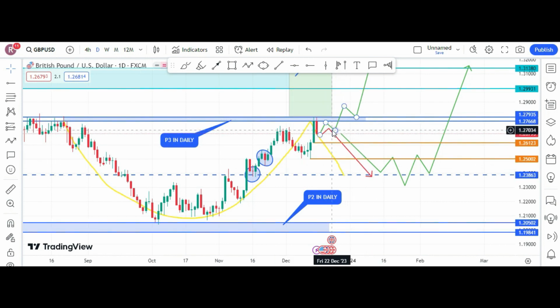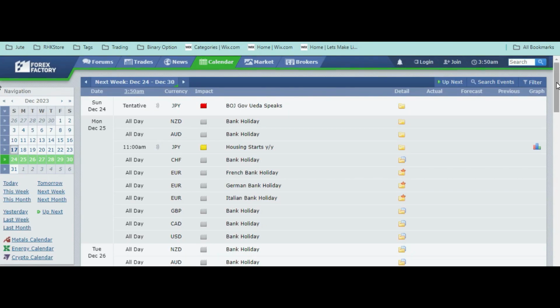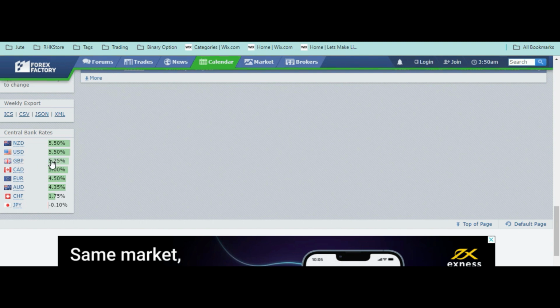Otherwise I will not agree very much with the bearish part of GBP USD, because the Bank of England has declared that it is going to maintain its current interest rate, which, if I'm not wrong, let me check it so we don't make any mistake, the current interest rate is 5.25 up to the third quarter of next year, which means up to September of next year, 2024, whereas Jerome Powell, the Federal Reserve chairman, has already declared that the USA will start cutting its rate from next quarter, I mean in the first quarter of 2024.